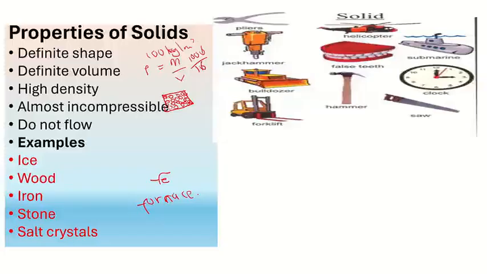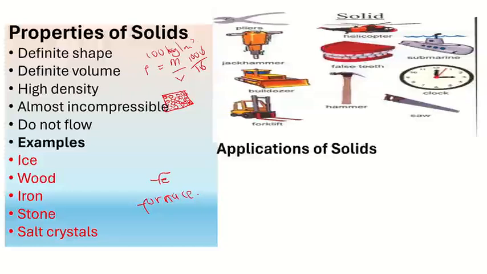But under normal temperature, all iron is solid. For instance, a stone. Under normal circumstances, every stone is solid. But if you enter the core of the earth, where we get rocks from, they are liquid. So we classify them under their normal environmental condition.